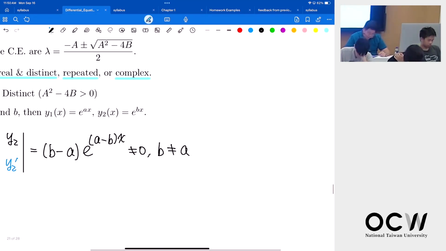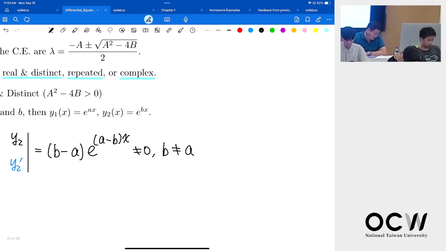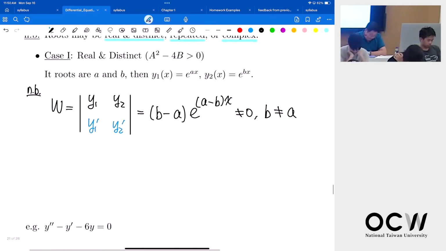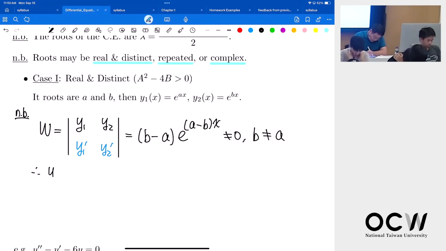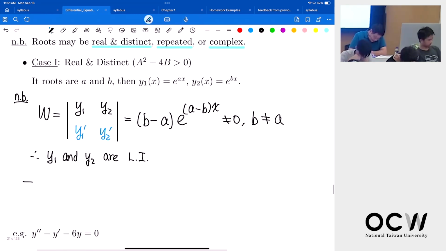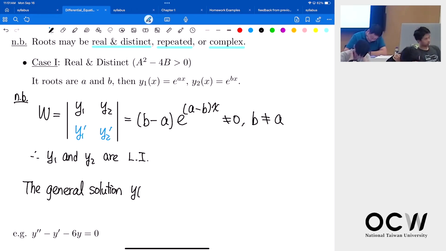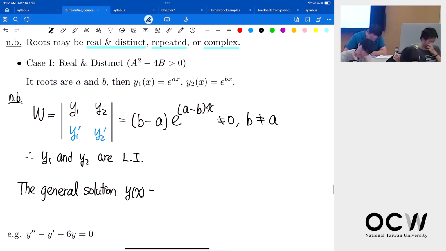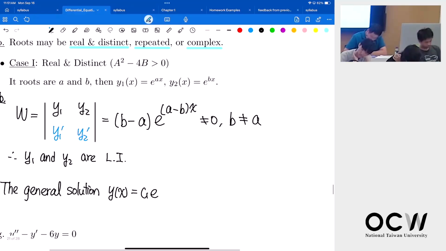Since the roots are distinct, y1 and y2 are linearly independent, then the general solution y will be c1 y1 plus c2 y2.